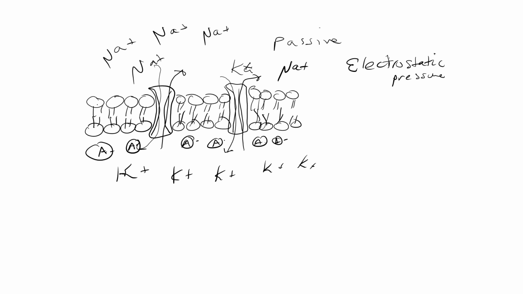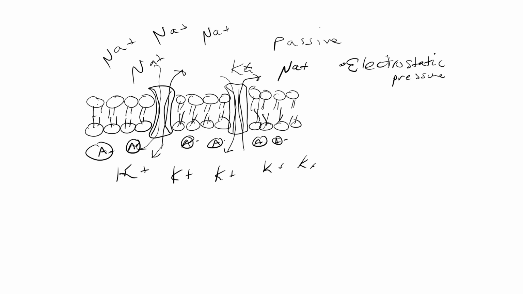Okay, so that's what we see, like when you play with magnets and you put the two positive sides together, they repel each other. You put the negatives together, they repel each other. Same thing here. These positive sodium ions are going to be attracted to the charge of these big negatively charged proteins on the inside of the cell. So they're naturally going to want to flow into the cell.